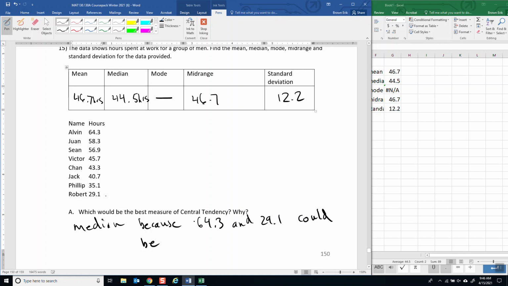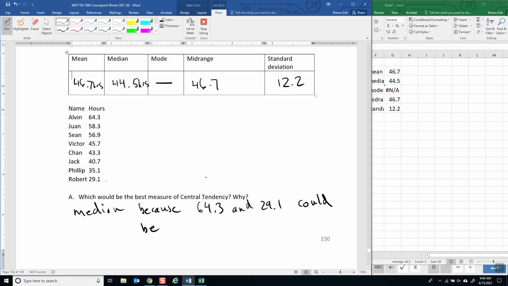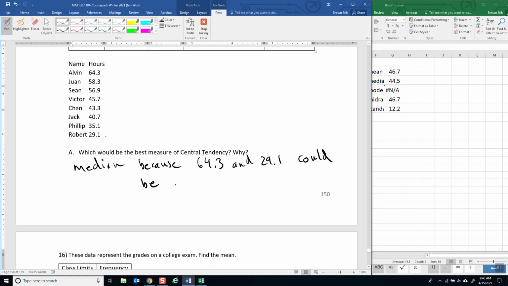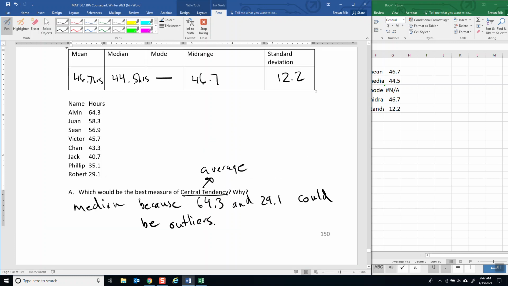Now, I don't know here with these outliers, because it's kind of a complicated way to prove that things are outliers. So for this course, we're just asking you to note that when you're looking at the best measure of central tendency, which is the same language as the best measure of average, you're choosing between the mean and the median.